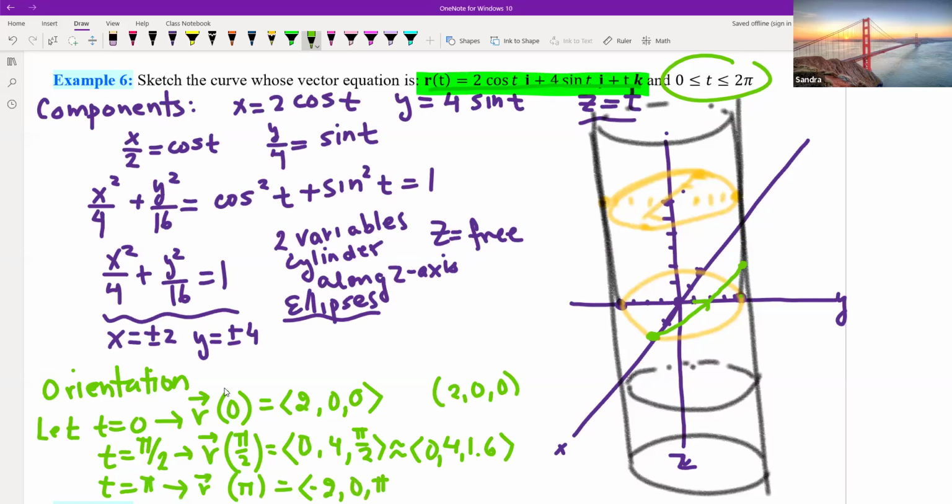Then this will be pi. And so then this will be -2, 0, 3.14 will be the vector. So x is -2, so we are here. Then y is 0, and then the height is 3.14. So 1, 2, 3, 3.14, like about here.